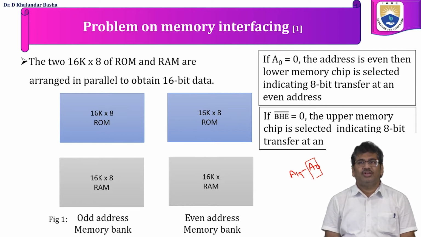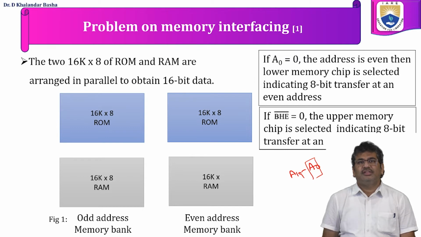So if A0 is equivalent to 0, the address is even, then the lower memory chip is selected, which is on the right hand side in the diagram, for 8-bit data transfer. Suppose A0 is equivalent to 1, then it will select the odd address memory bank and 8-bit data transfer, which is shown on the left hand side in figure 1.